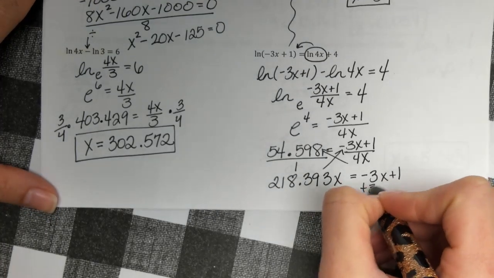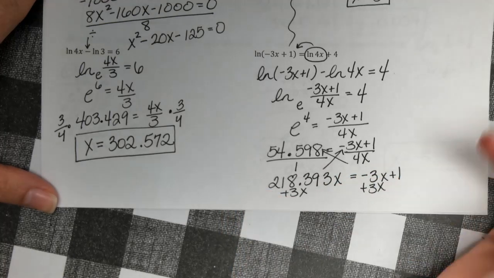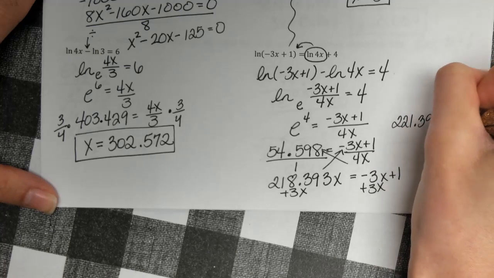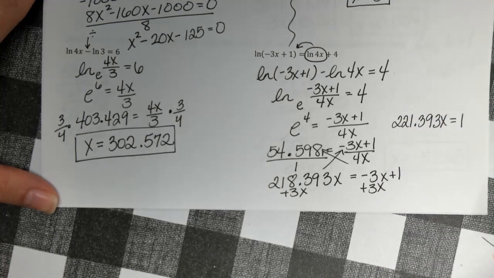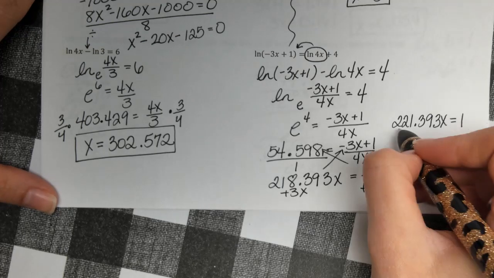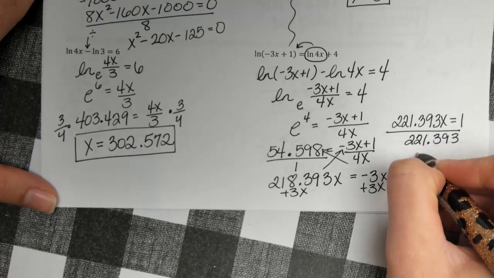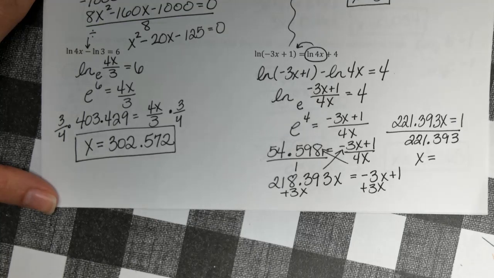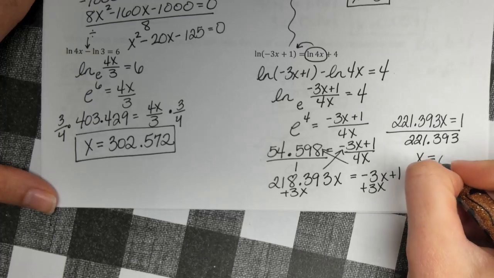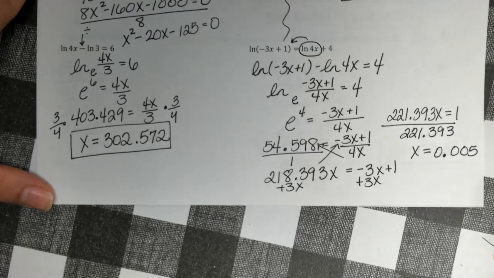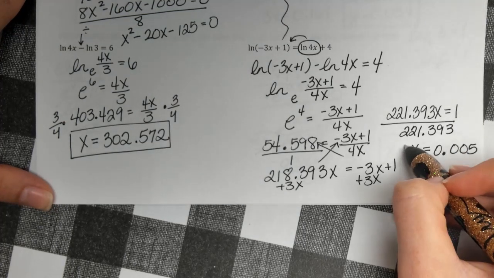So then I'm going to add my 3x. It gives me 221.393x equals 1. Divide. You would divide 1 by that decimal, giving about .005.